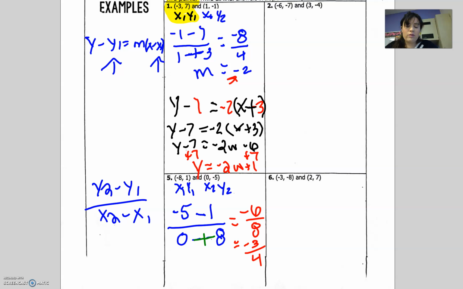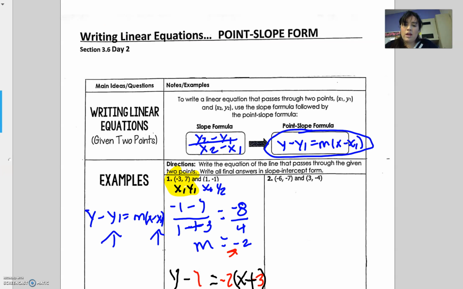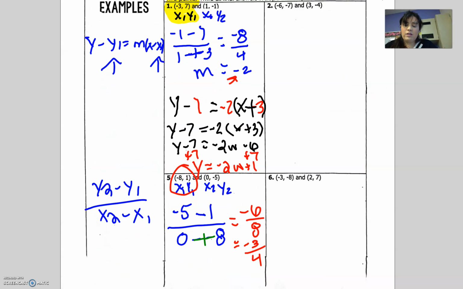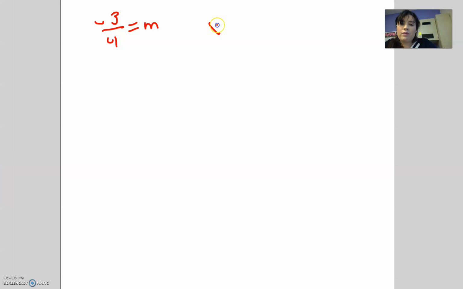Okay, and now we are running out of some room. So I'm going to rewrite this and our slope. So our slope was negative 3/4. That's m. And our point is down here, negative 8, 1.